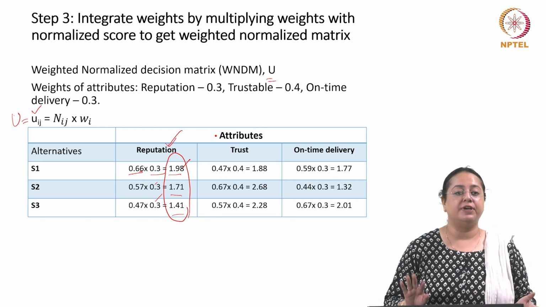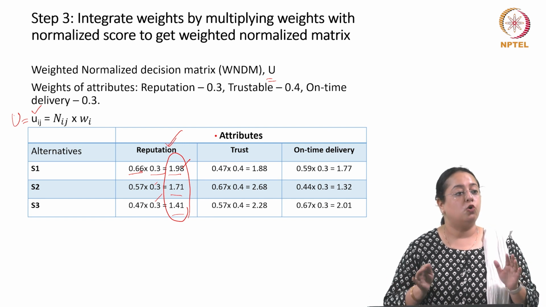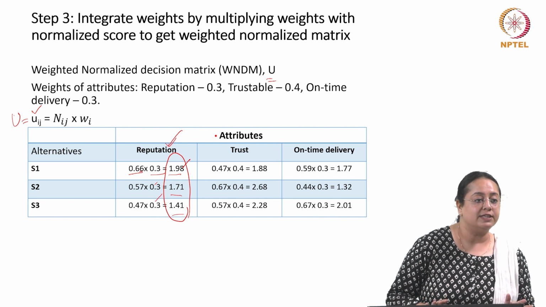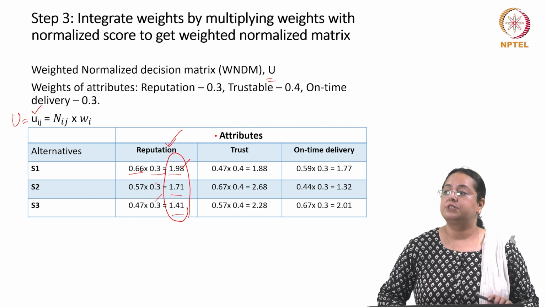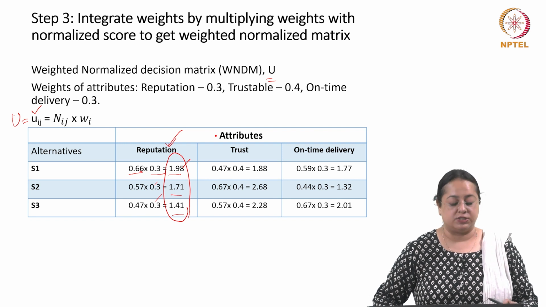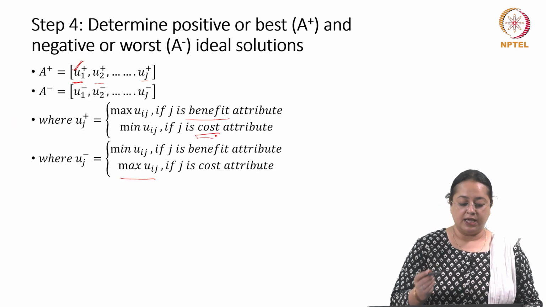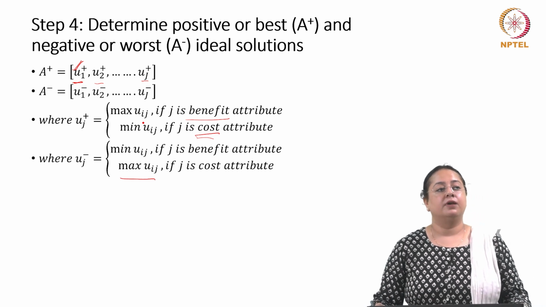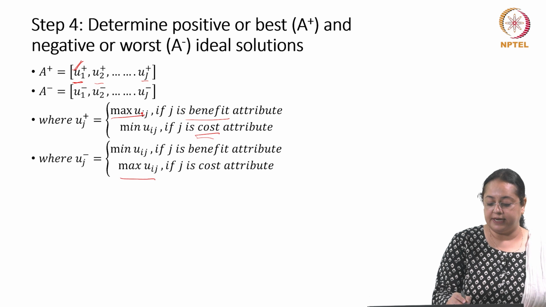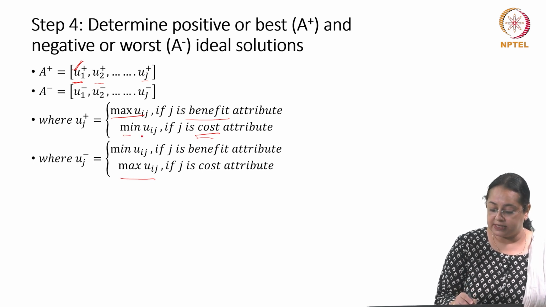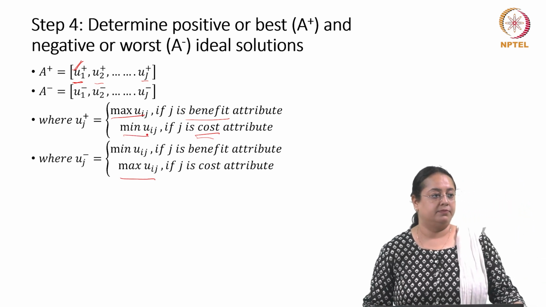So it is the other way around. If lower the score is better, meaning lower cost is better, TOPSIS will accommodate that also. But in that case, rather than getting the positive ideal solution to consider max, one must consider min.